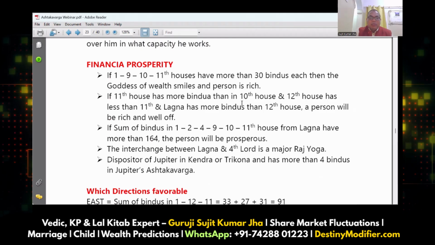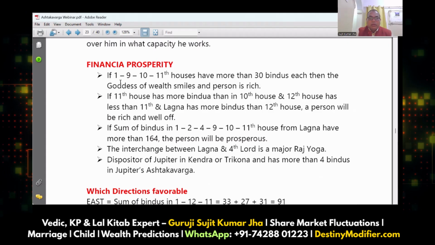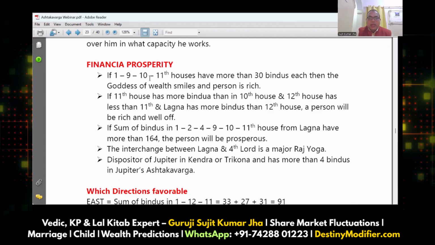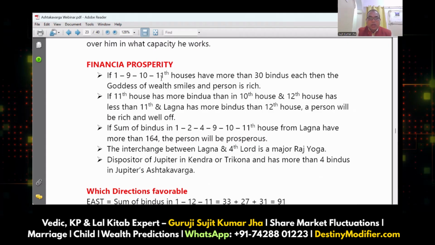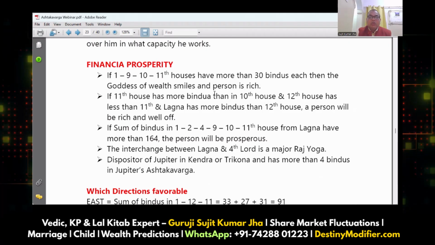Same for financial prosperity, we can find the sum of points of the first house, ninth house, 10th house, and 11th house. If all four houses' points total more than 30 each, the native will be rich.